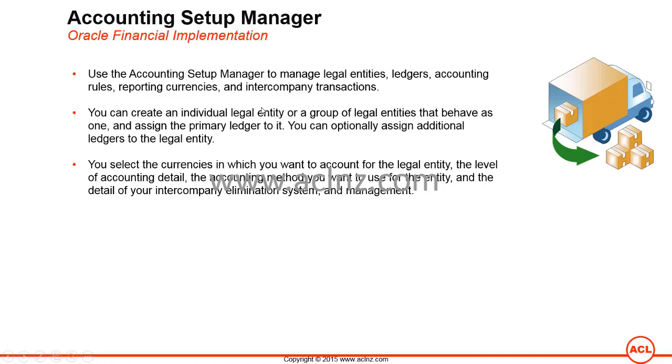For example, within USA they've got multiple companies set up, let's say one for East, one for West, one for Central, and so on. You can do that using your Accounting Setup Manager, and then in order to avoid confusion, you can assign the same primary ledger to your legal entities, unless you see there is a real requirement to have a separate ledger.